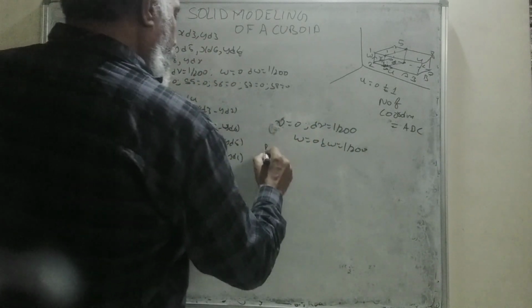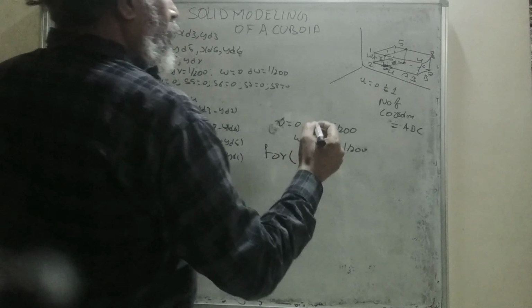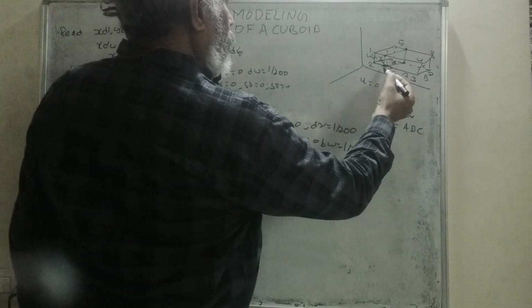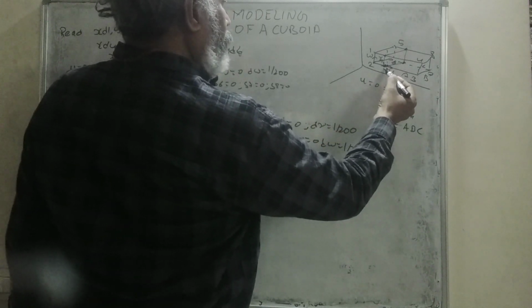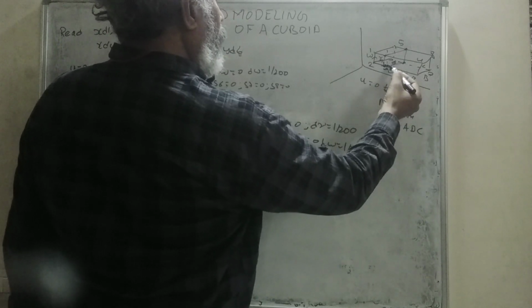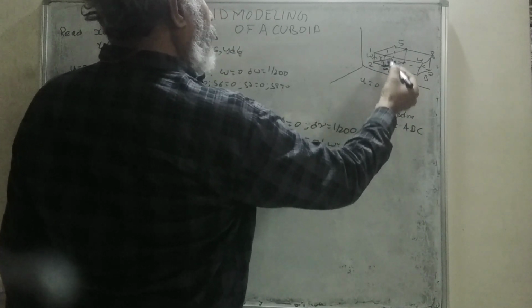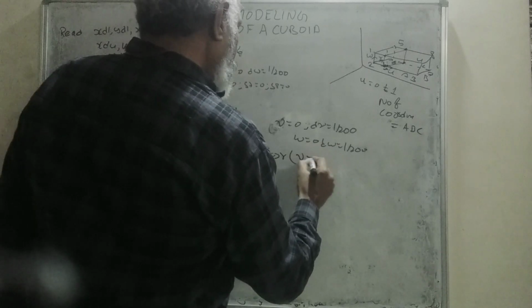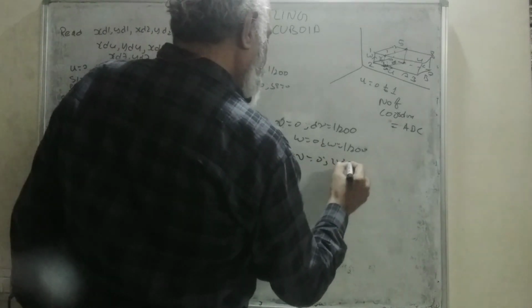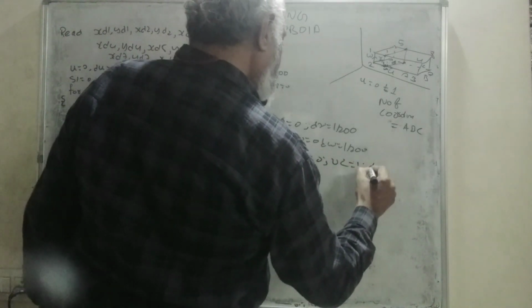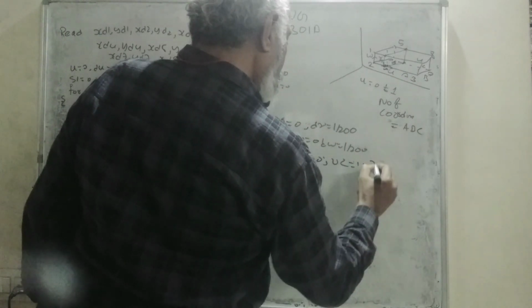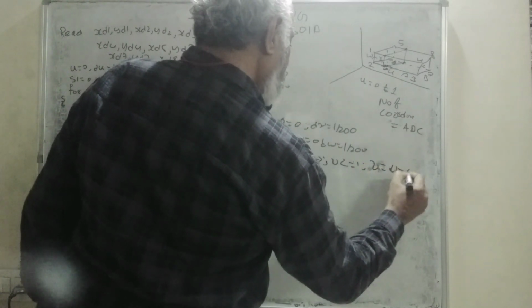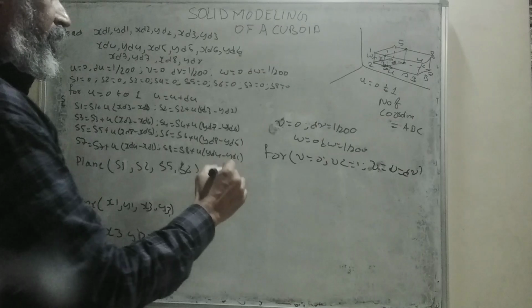And for v from 0 to 1, you have to get two points. So v is equal to 0, v is less than or equal to 1, v is equal to v plus dv. So this is what we are trying to do.